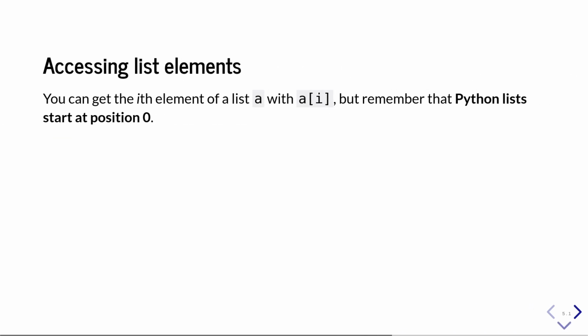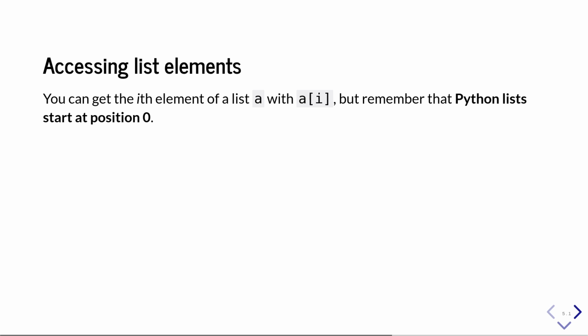When we learned about strings, we also learned how to access a particular element of a string. You'll remember that if you wanted the initial character of a string, and the string was called s, you do that with s square brackets 0. Exactly the same thing works for Python lists. You can get element i of a list A using A square brackets i, but you have to remember that Python lists start with position 0.